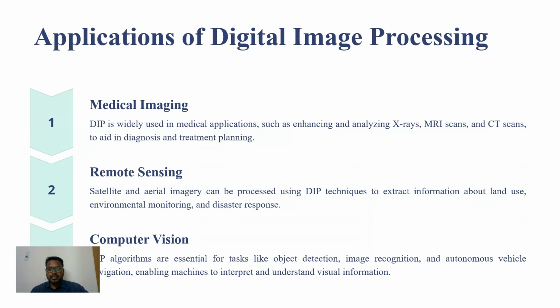In remote sensing, it's used to process satellite and aerial imagery for environmental monitoring and disaster response. In computer vision, digital image processing algorithms are essential for tasks like object detection and image recognition, helping machines interpret visual information.